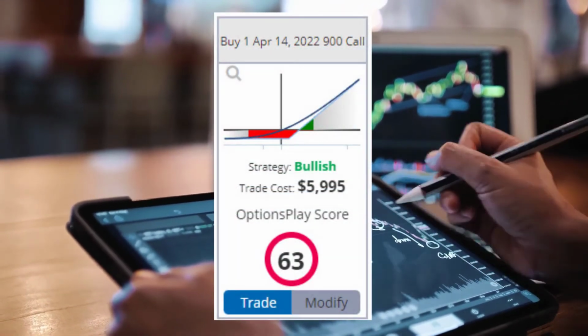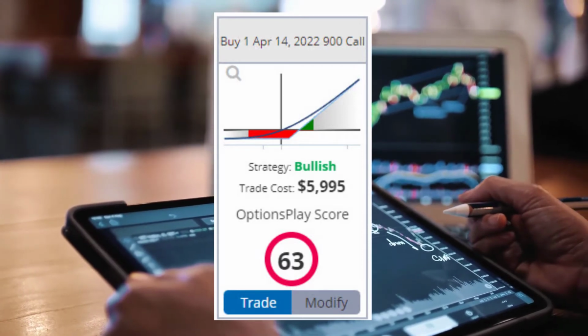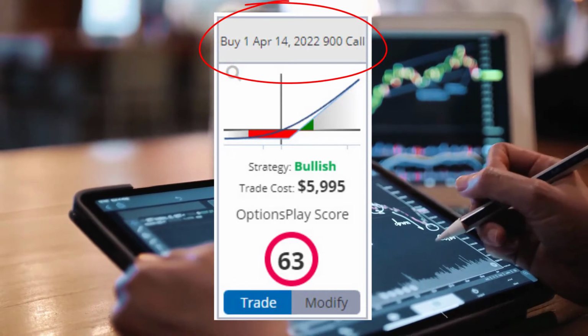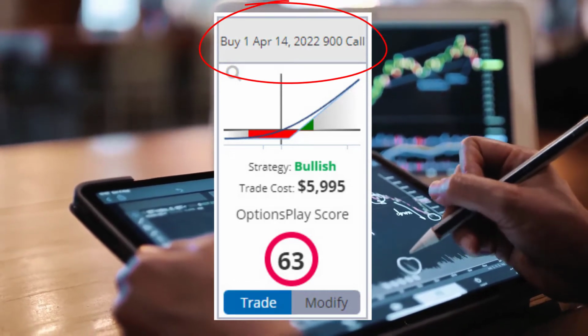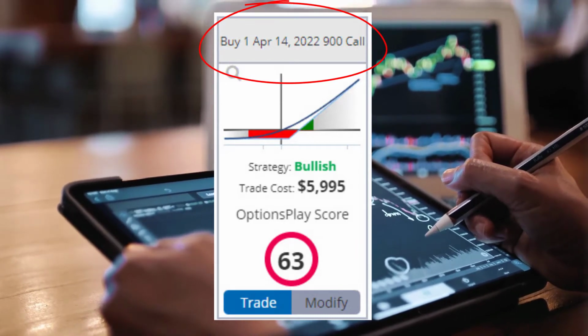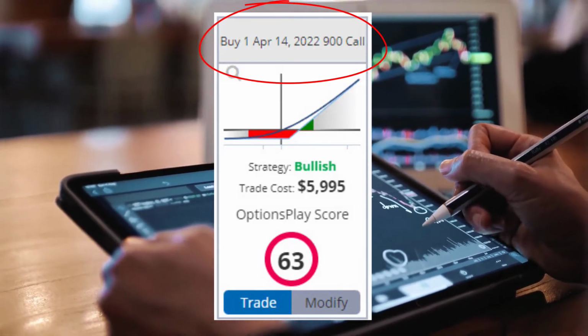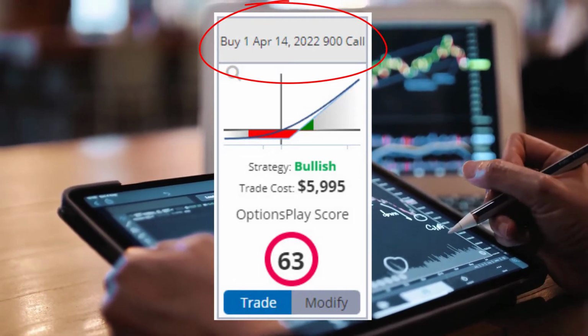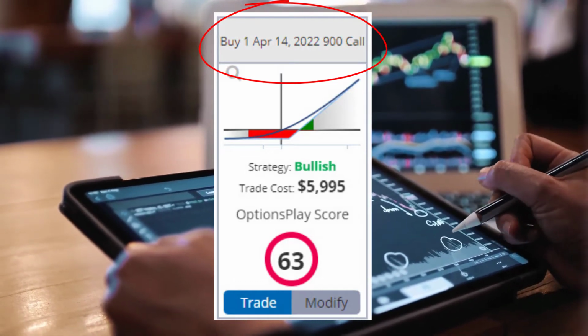So we've done our homework, and we think that the Tesla stock is no problem going to get past $900, and it can do that quite easily by April the 14th. So we've selected the April the 14th expiry date, the 900 strike, and it's cost us $59.95 per option to do that.